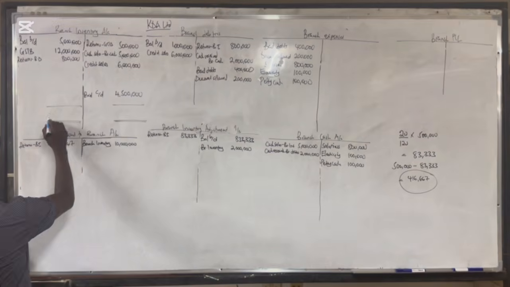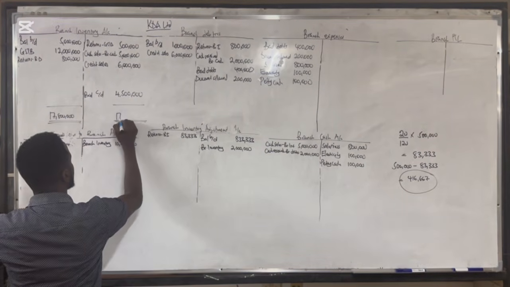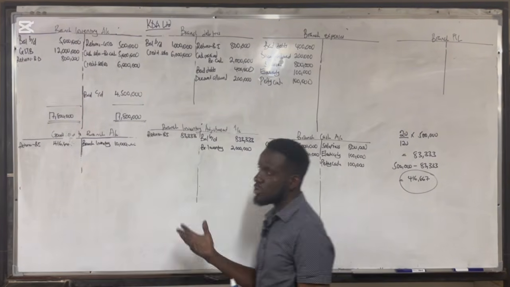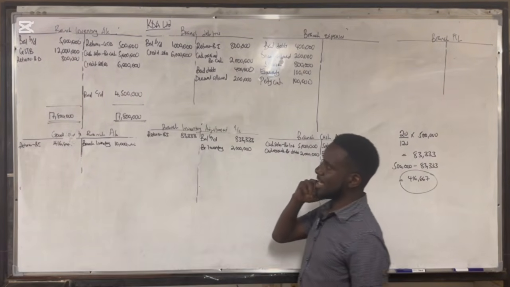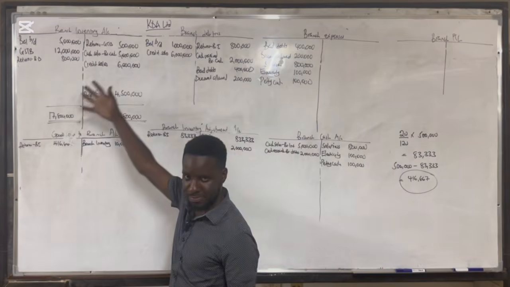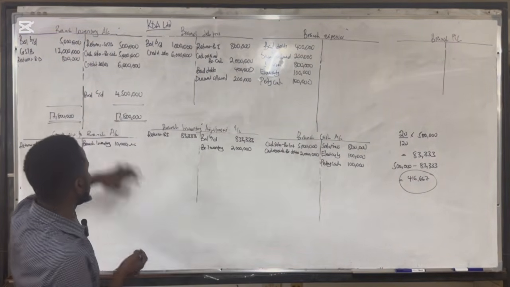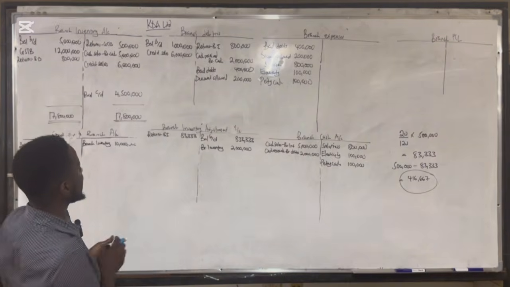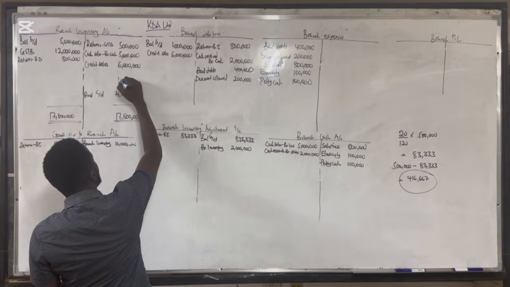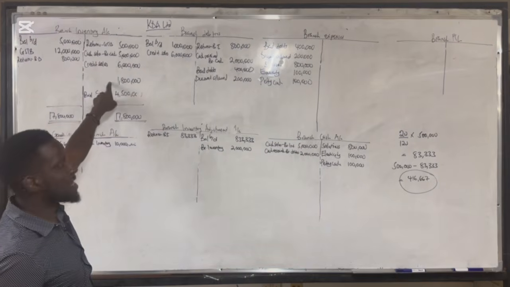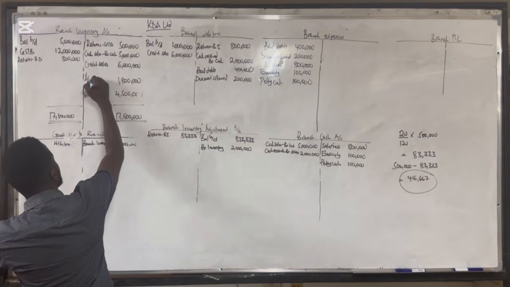So meaning that we're going to have 17,800 and then 17,800. Now, if we were in the other account where goods were sent at cost, obviously it would have been a loss here. But then, 17,800,000 minus the 16, you're going to get 1,800,000. Now, this 1,800,000 is what we call the abnormal loss.